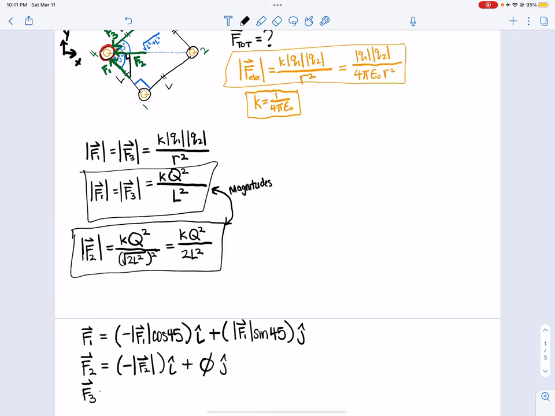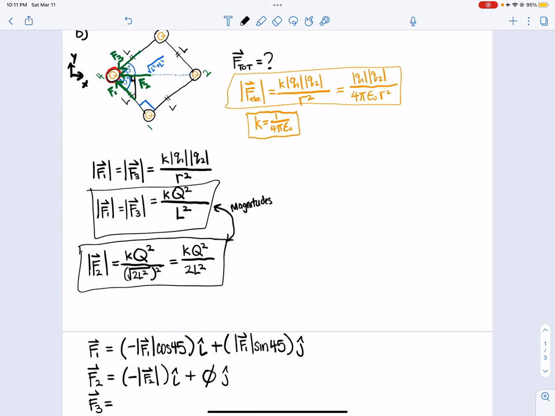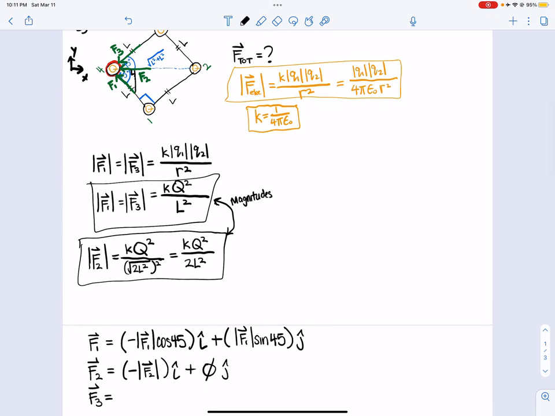And for force 3, similar to F1, right? Which is actually why we changed the orientation and tilted this by 45 degrees in the first place, because I'm just trying to cancel out the equal and opposite forces in the y component for F1 and F3.